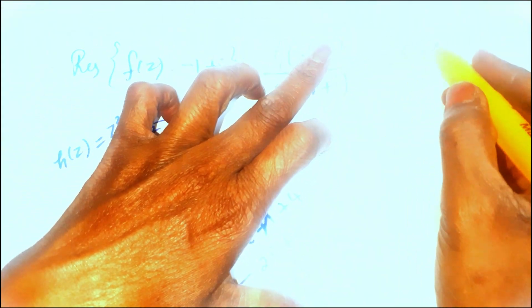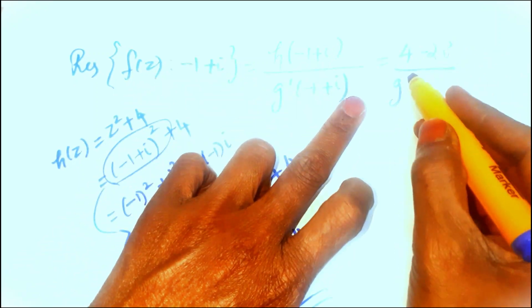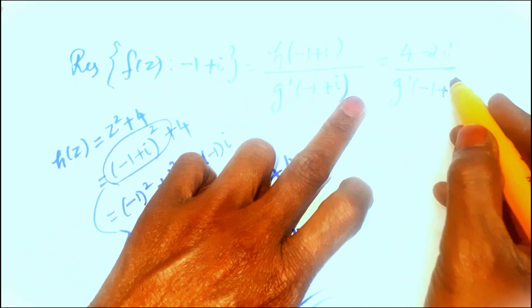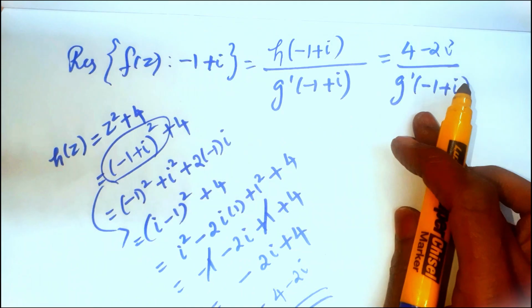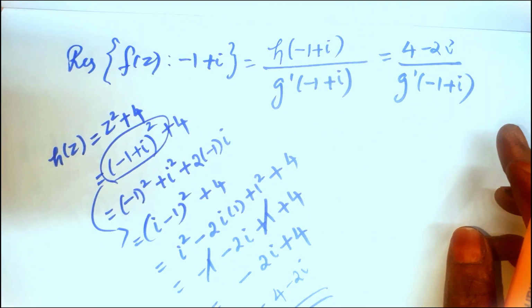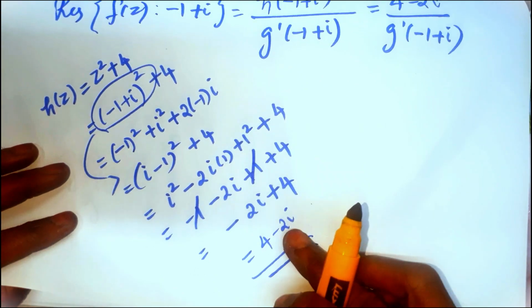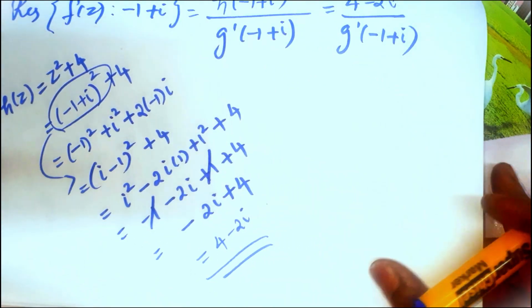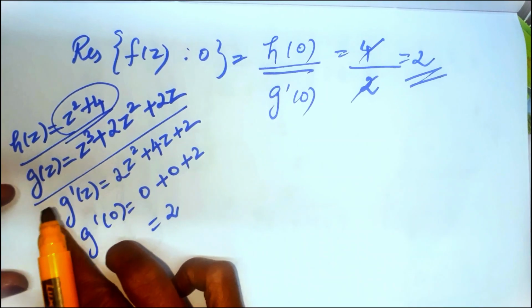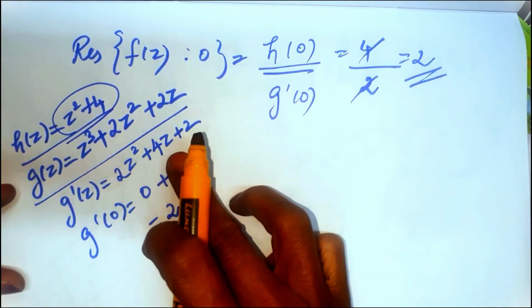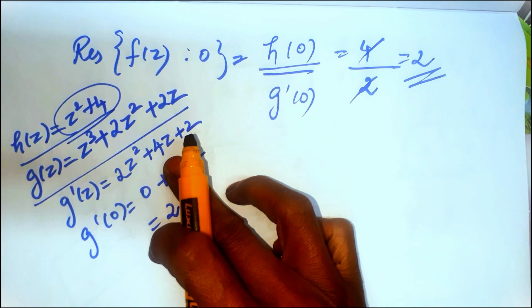So 4 minus 2i by g dash of minus 1 plus i we have to calculate. So what we got as g dash of z? Here we got 4 minus 2i. Is that clear? g dash of z we got as 2z squared plus 4z plus 2. In this we have to substitute the pole.